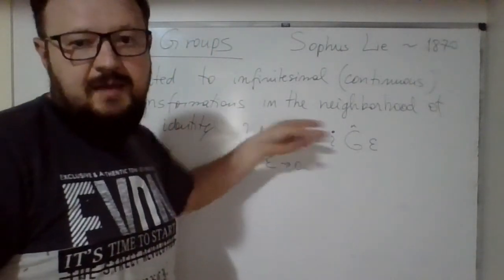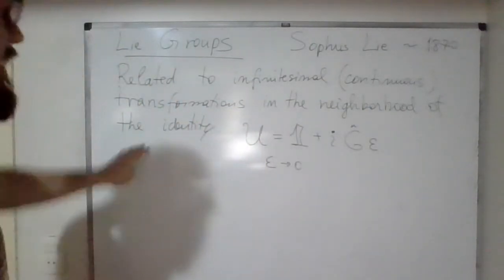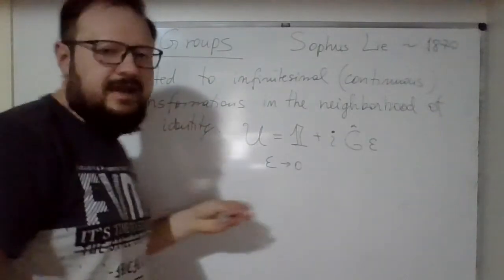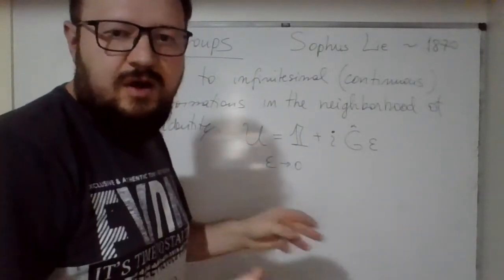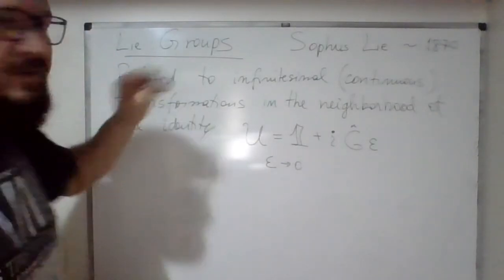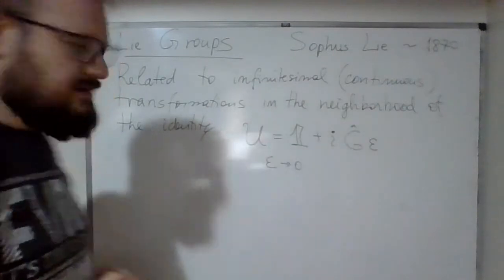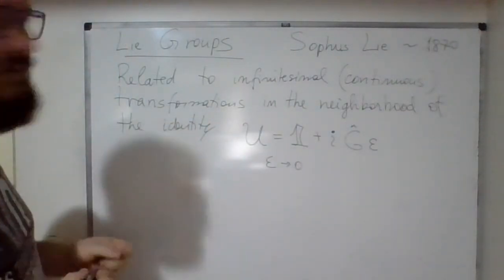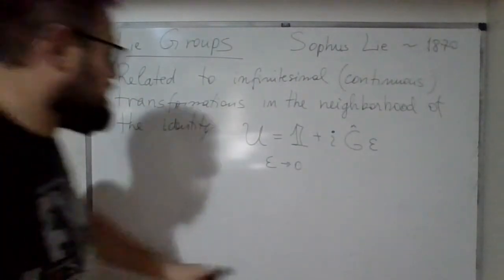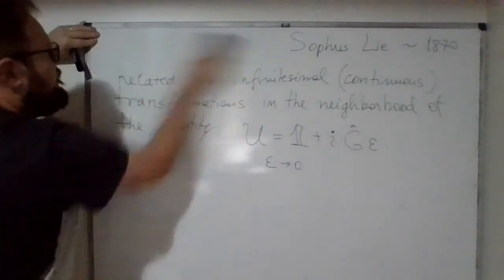This kind of transformation is related to groups which are called Lie groups. And in Lie groups, there is a specific algebra for that specific group. If you consider, for instance, in quantum mechanics, notice the following.